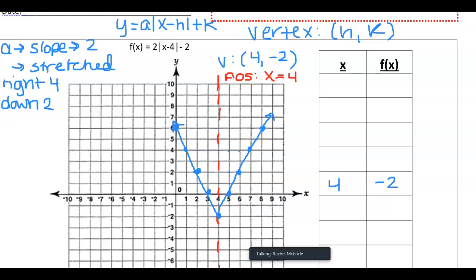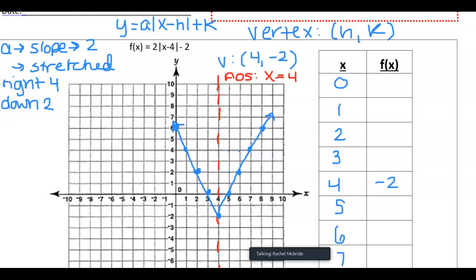Now, our table is like any other table. You're going to go from the vertex and go to points less than 4 and points greater than 4. So that's 3, 2, 1, 0, 5, 6, 7, and then I can't scroll down because it'll move all of my writing, but there would be an 8.